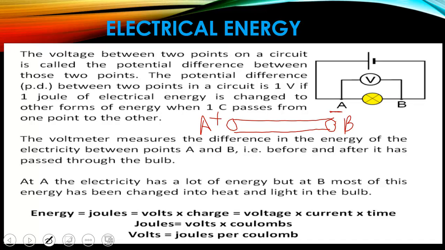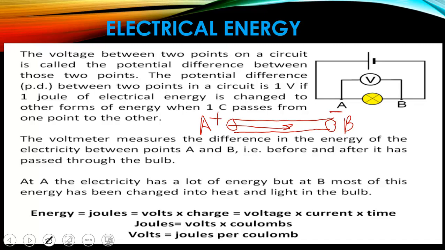So as the battery works, there is work done to transfer a quantity of electricity of one coulomb from point A to point B through this direction. Again, the battery pushes electrons to move from A to B. This push means there is work done to transfer quantity of electricity from A to B, which is called potential difference.